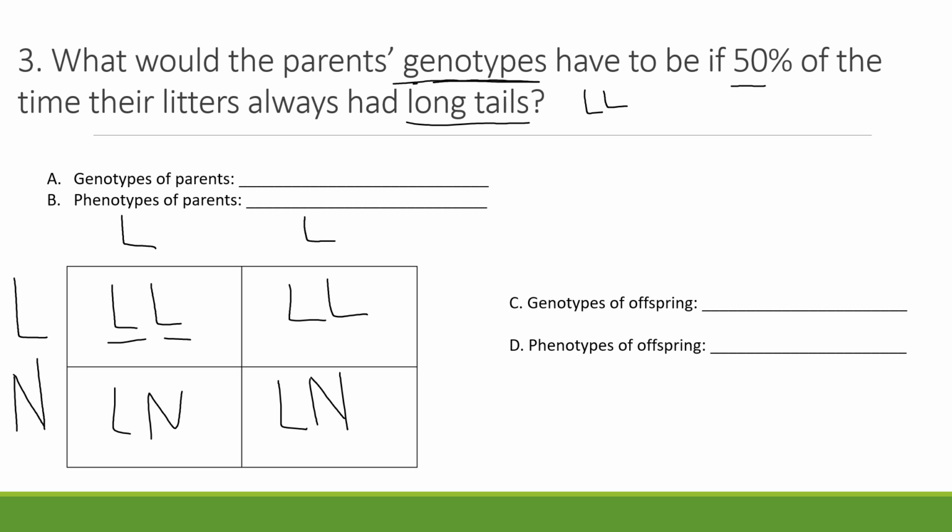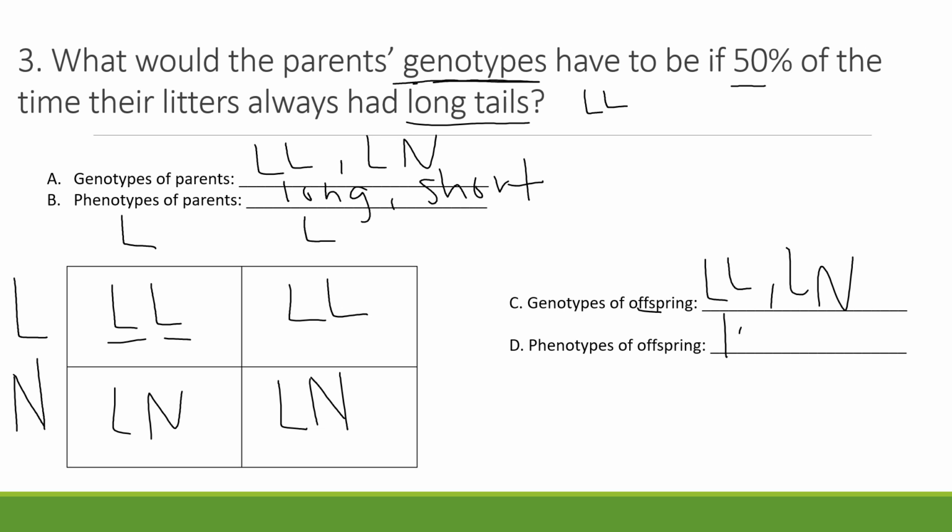So the genotypes of the parents are LL and LN, meaning we have a long tail and a short tail. And the offspring, we have an LL and an LN. So again, long, which is 50%, and short, 50%.